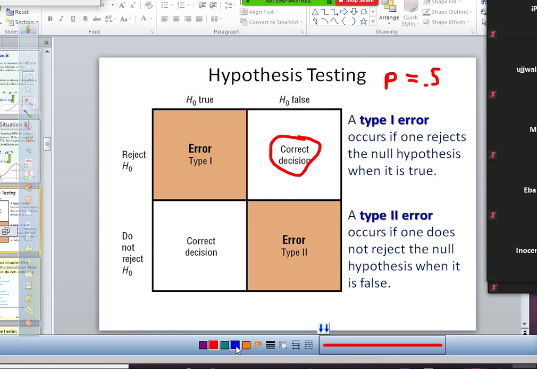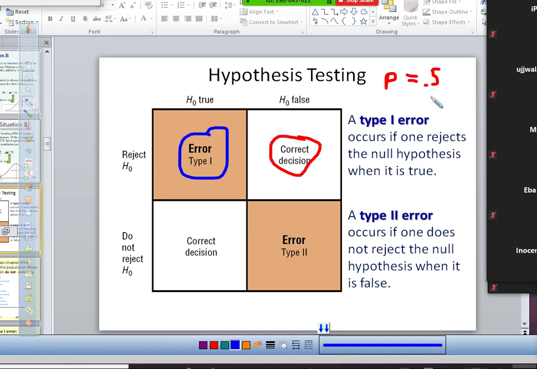Occasionally, you might reject H naught, and it would be a mistake. You'd say, oh, wait, really, my red cards really were 50% red, but you guys just happened to randomly pick 6 red cards in a row. It can happen. Doesn't happen very often, but it could happen. So that would be an error, to reject H naught and say that my proportion was different, if my proportion really was 50%.